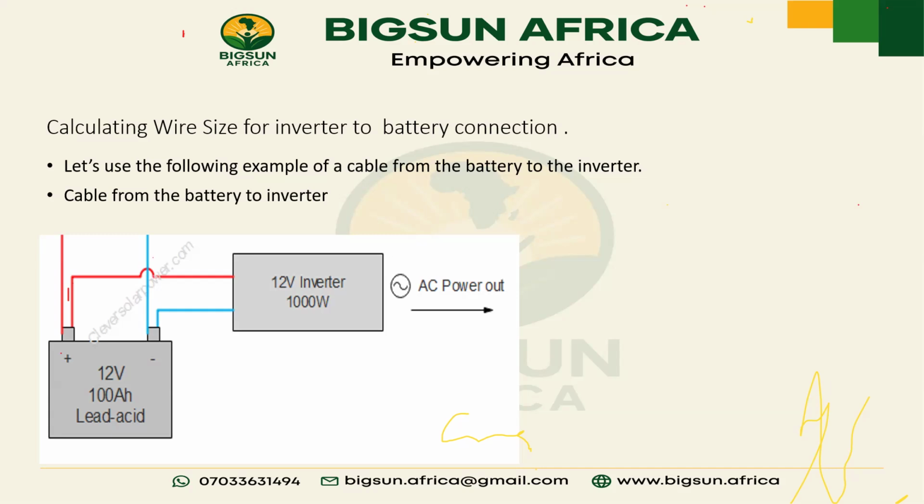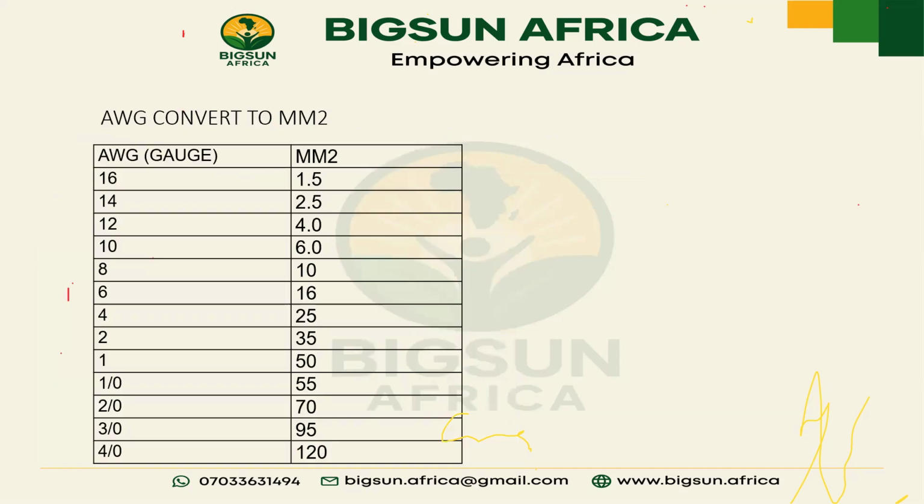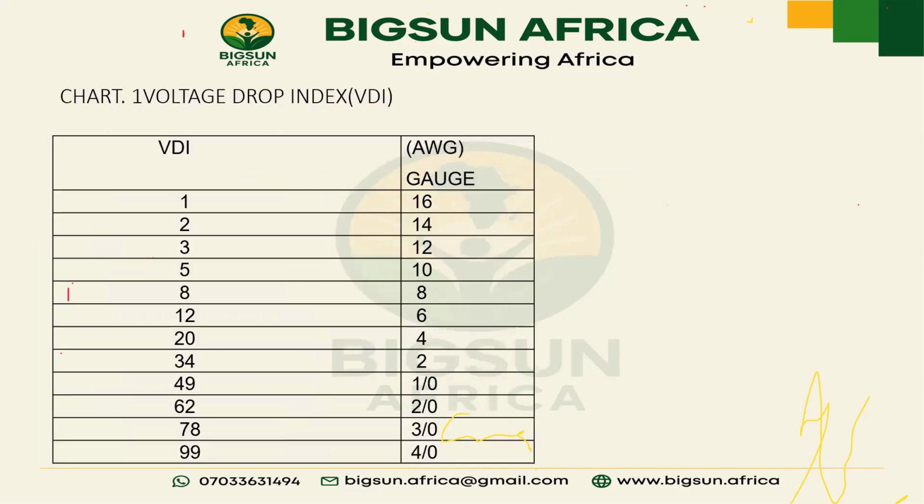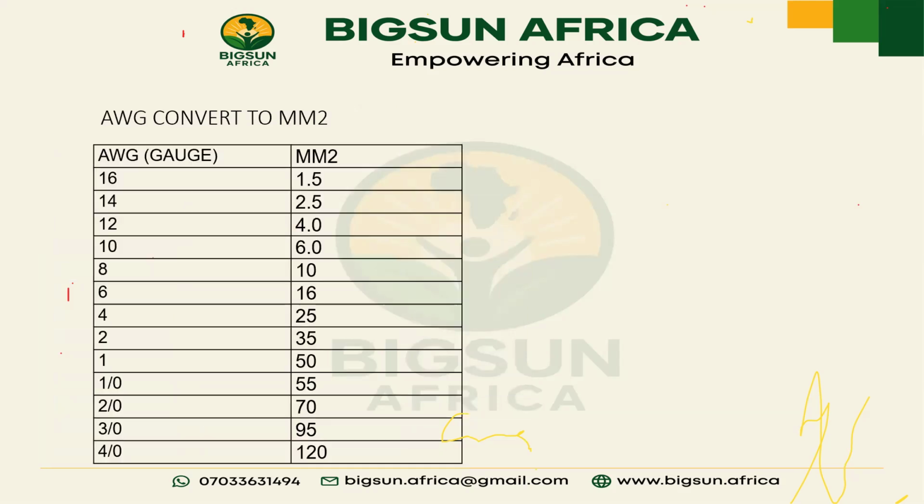So now we've gotten our VDI. Let's go back to the chart. Our VDI is 195, right? And we don't have 195. So let's just say our VDI is 99, which is 4 over 0, 120 mm.